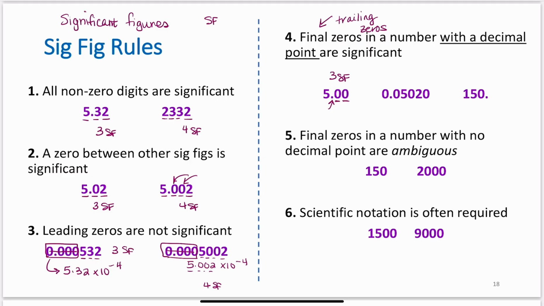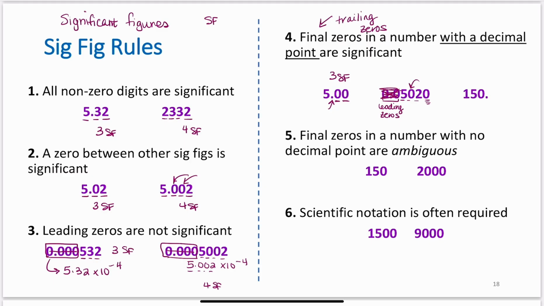The second number shown here, 0.05020, the zeros in front are still leading zeros. Leading zeros are never significant. The 0 in the middle here is captive or sandwiched between 2 other numbers, so we know that's significant because of a prior rule. But the 0 here is a trailing 0.